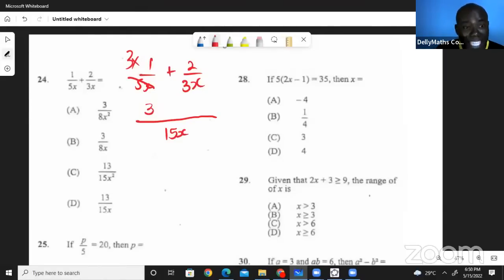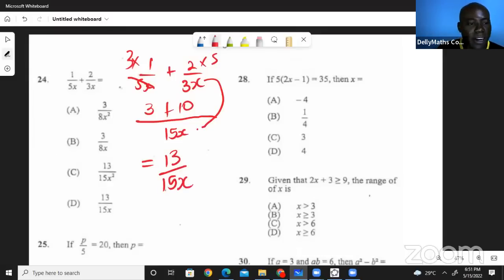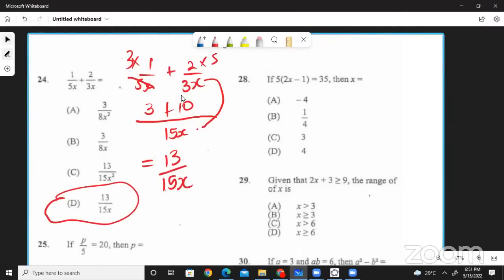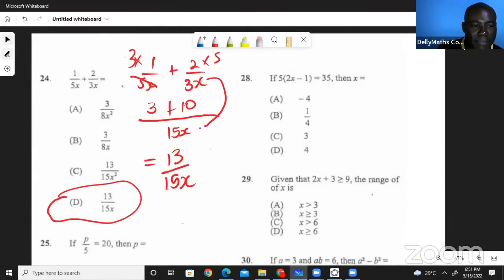And 3 into 15x is 5 times, and 5 times 2 is 10. So basically we're looking at 3 plus 10, that's 13 over 15x. I wrote 15 and said 5, but yes, it is 13 over 15x.